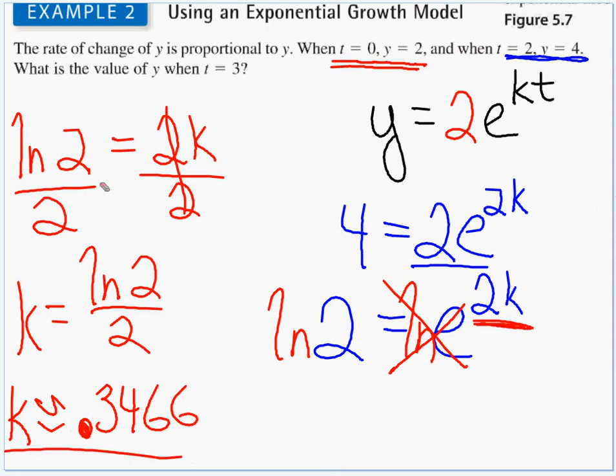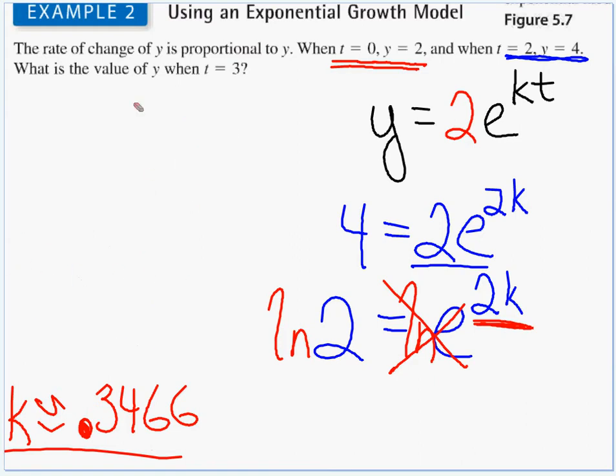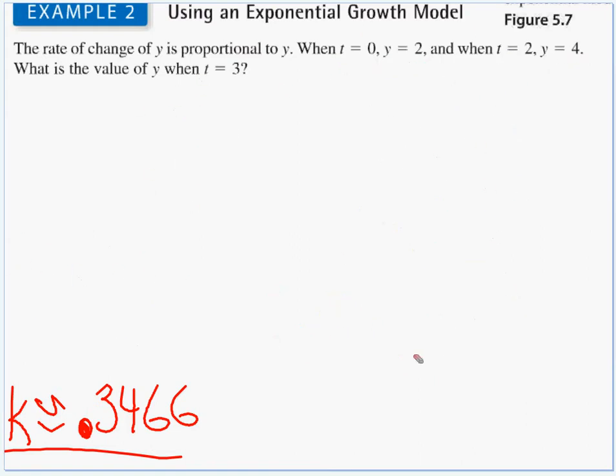So we first found our c value. That was easy. That was 2. And now we've found our k value.